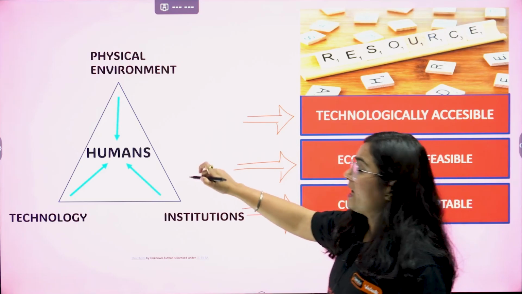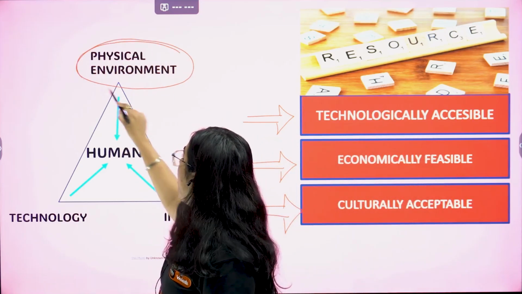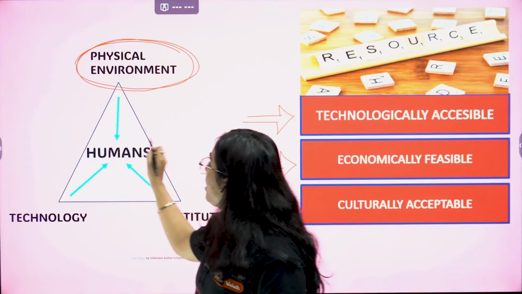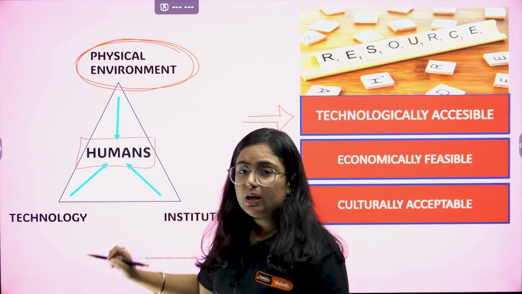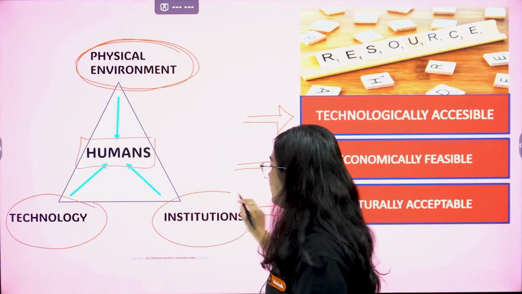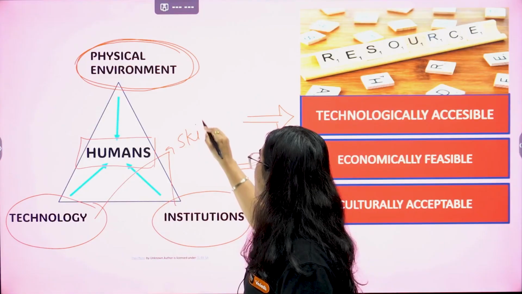We must understand that all these resources are available in our physical environment, but only because of human interaction, which has added its technology and institutions. Along with these two things, one important part is skills.